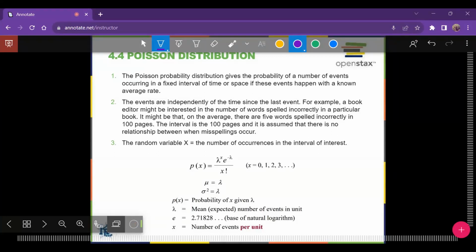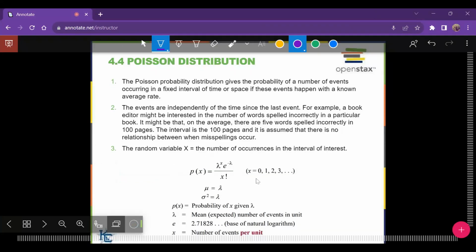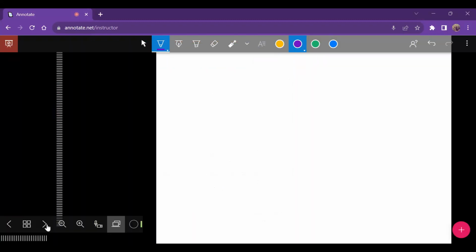And then our standard deviation is also our lambda. No, this is our variance. Our variance is lambda, so our standard deviation would be the square root of lambda. Okay, there we go. Let's continue and look at an example of this type.